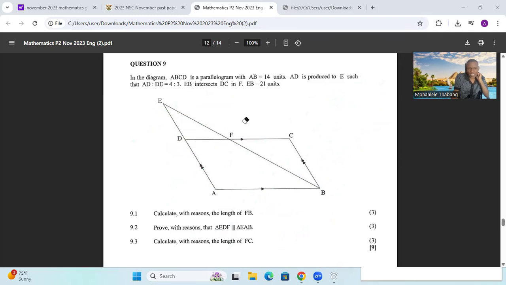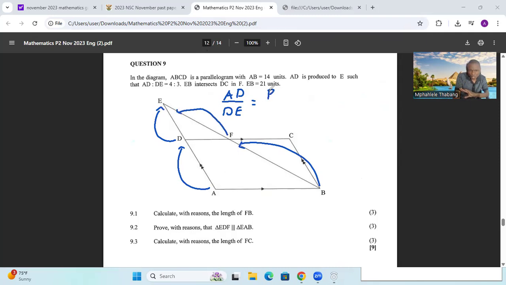So now let's read the information. Here they said AD over DE. So they gave me AD over DE, and I know that AD over DE equals, I will do the same thing on the other side, BF over FE.